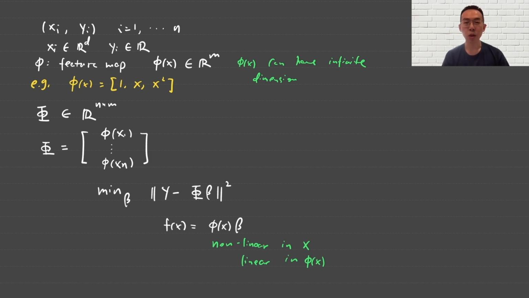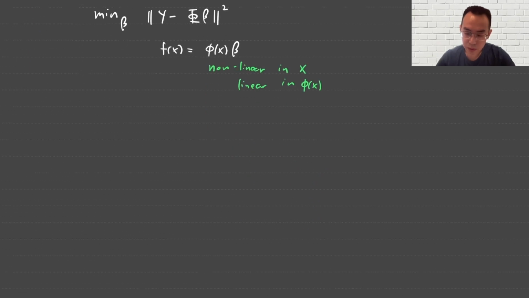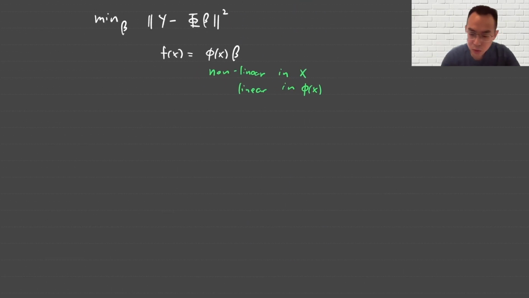And so this time we're just going to expand this formula a little bit into a ridge regression problem. And so here, this is the problem for basis expansion, OLS.